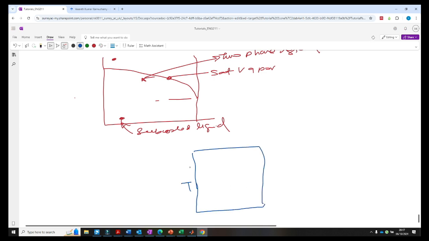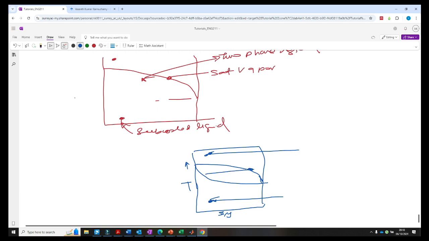T, x comma y. Yeah, so that's how it looks. Your subcooled liquid is somewhere around here, your superheated vapor is somewhere around here, and then you draw a tie line.